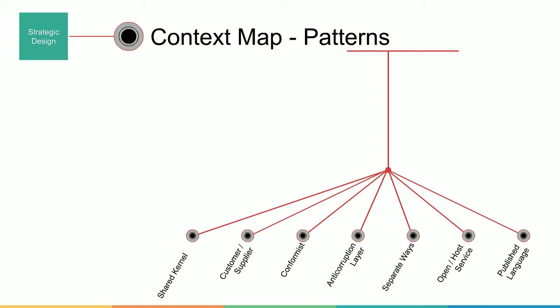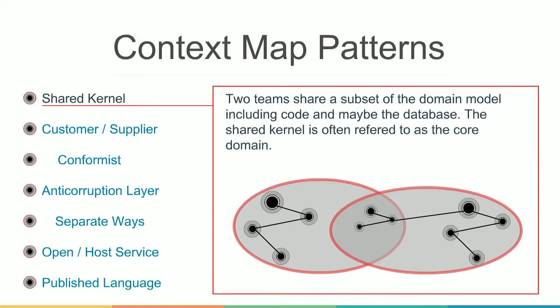And so for some of them you would say, whoa, that's a pattern, I'm surprised. Yeah, well, it is a pattern, it is ugly, but it happens in the real world. And one of the first ones that actually falls into that category can be the shared kernel.